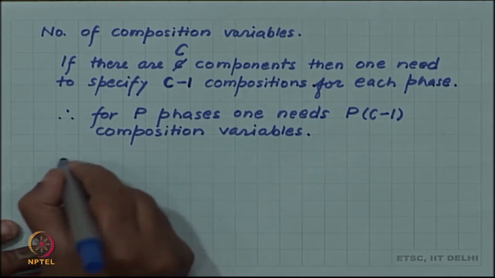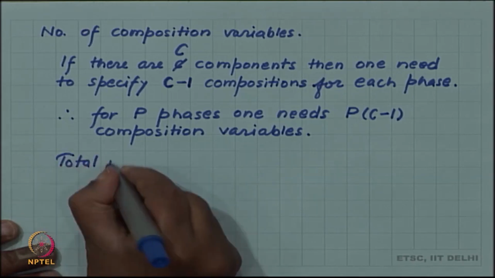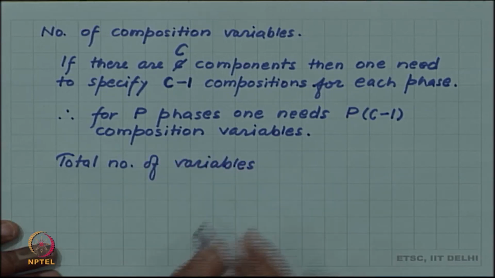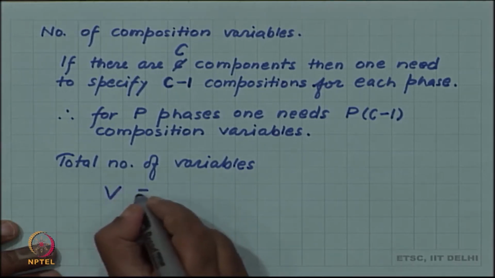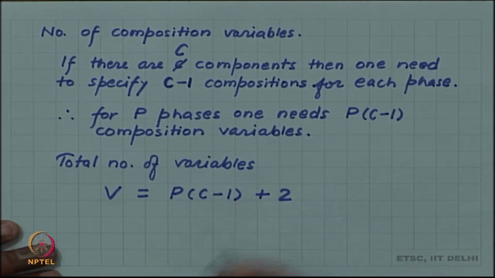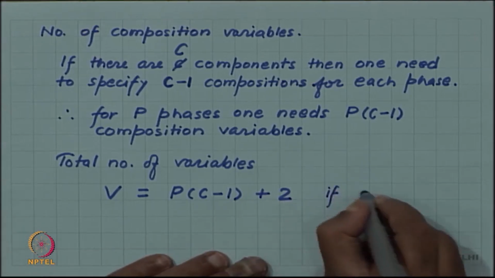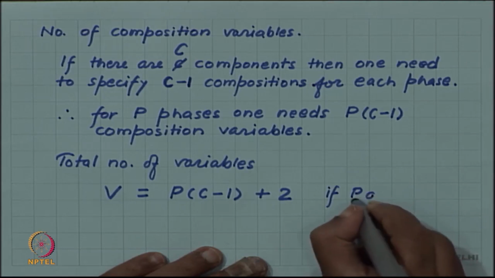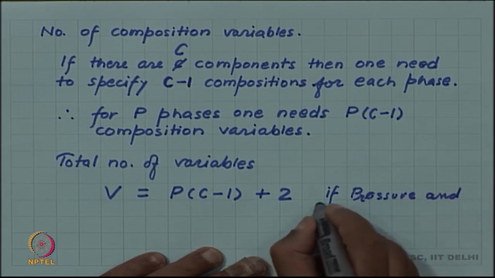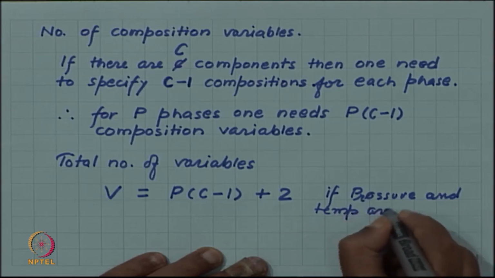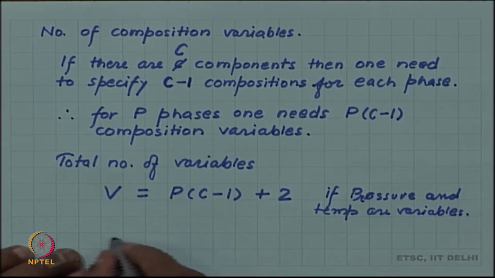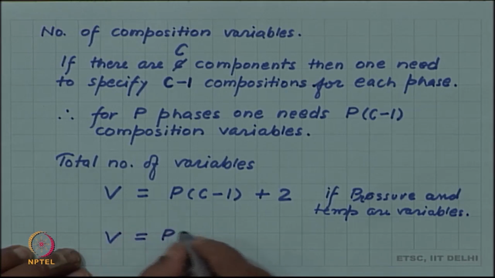Thus, the total number of variables, let me call that V. V will be P into C minus 1 plus 2 if pressure and temperature are variables, or V will be P into C minus 1.